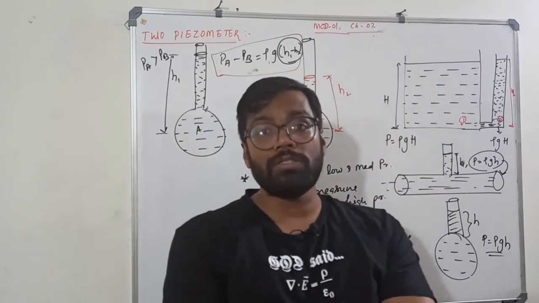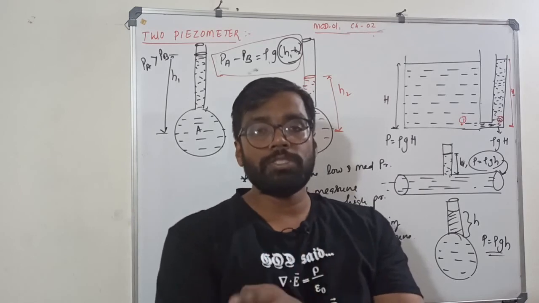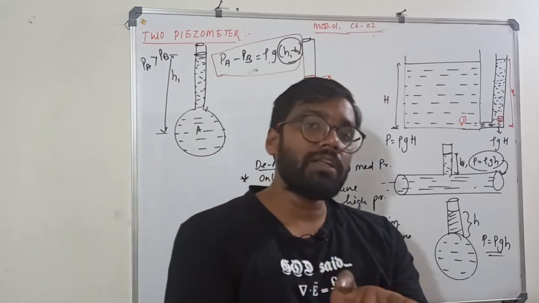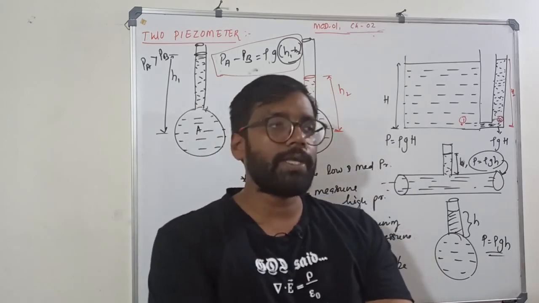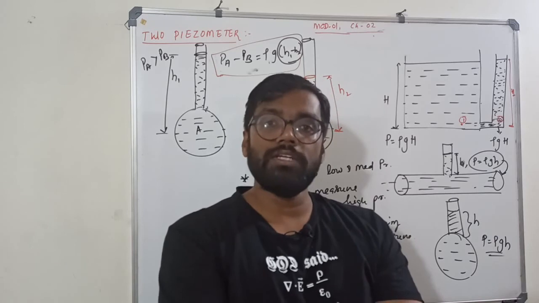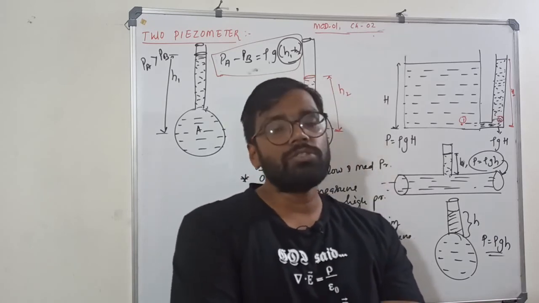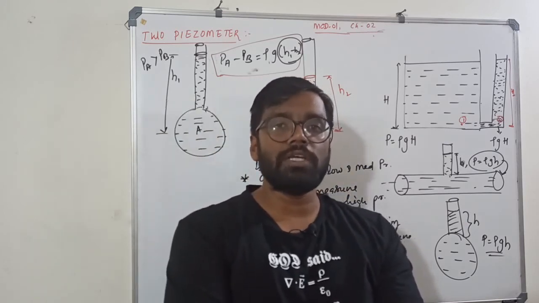I hope you understood. First we studied the simple manometer. In the simple manometer, we studied the piezometer, U-tube manometer, single column vertical manometer, inclined manometer, and sensitivity of the inclined manometer. Then we studied the differential manometer. At the very first, I started with the vertical U-tube differential manometer and the difference with the inverted U-tube differential manometer.